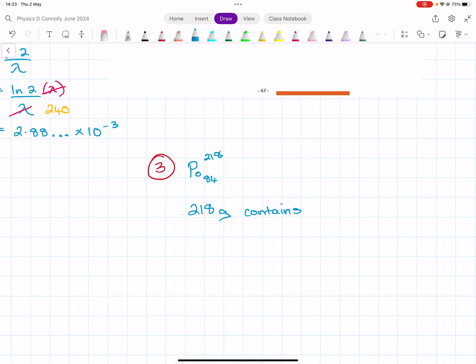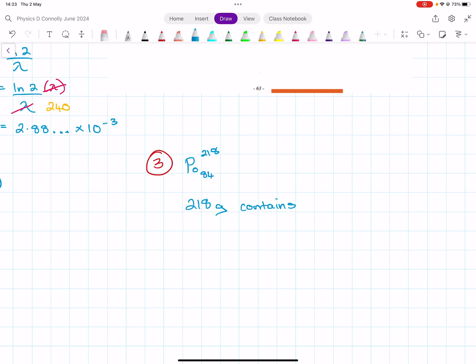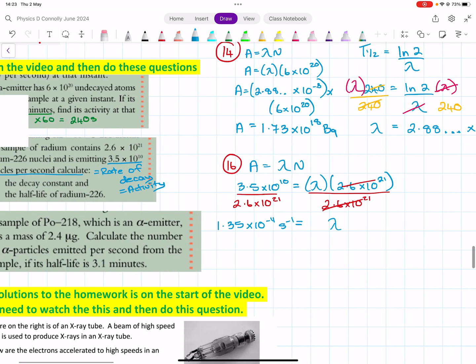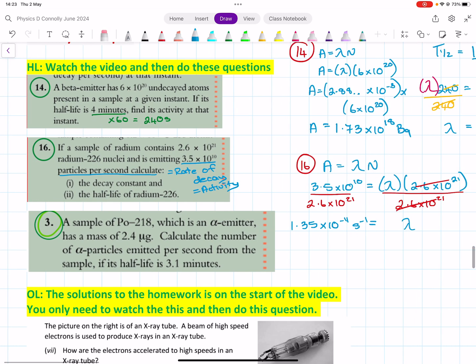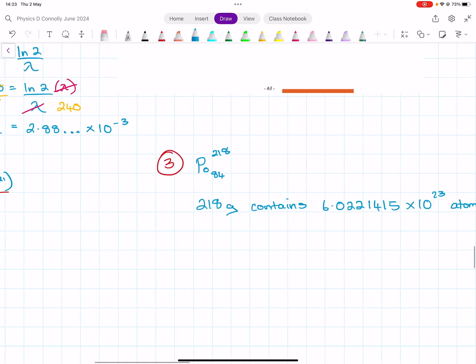So the mass number contains 6.0221415 by 10 to the 23 atoms. The sample here isn't 218 grams, it's 2.4 micrograms, so it's 2.4 by 10 to the minus 6 grams. And we want to know how many atoms that contains.